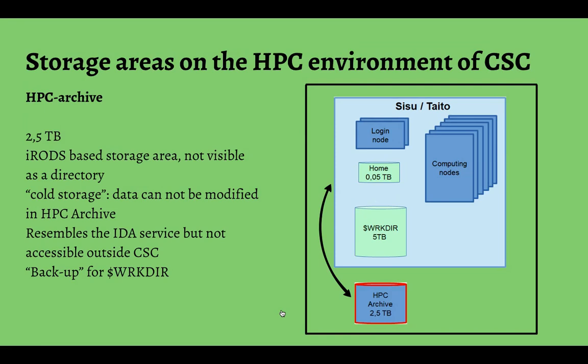So if you have uploaded a file there in January and later on want to check what is in the third line of this file, you have to first download the file back to your work directory and then open it there, and only after that can you study it. And if you want to modify it, you have to upload a new version of this file to the HPC archive environment.